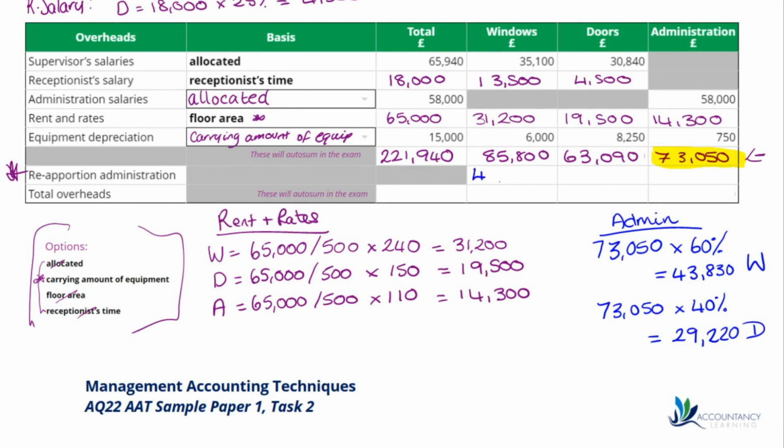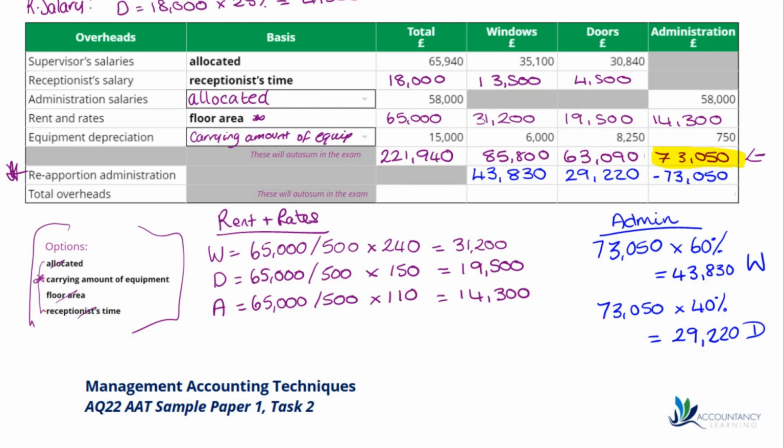So for windows, you would have 43,830, doors 29,220. And then don't forget, you then need to make sure we're going to zero out the administration costs. So it will then be minus 73,050, because those costs now no longer exist, because we've now shared them across windows and doors.